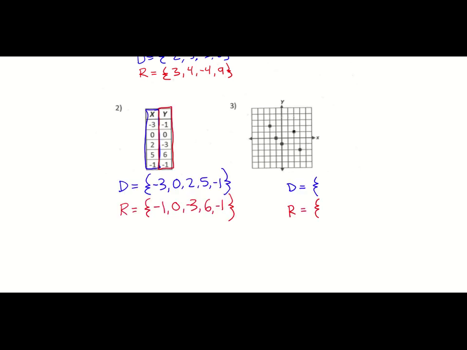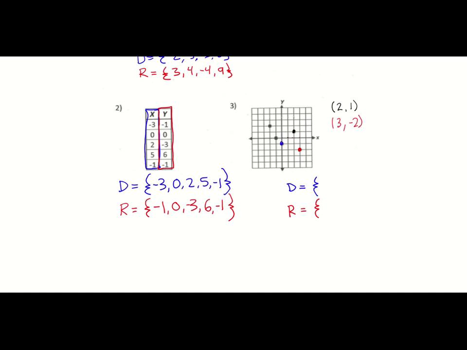So if I have this point here, my x value would be 1, 2, and I'm going up 1. So that's my first point. If I have this point here, I need to go over 1, 2, 3 on my x-axis and down 2 on the y.